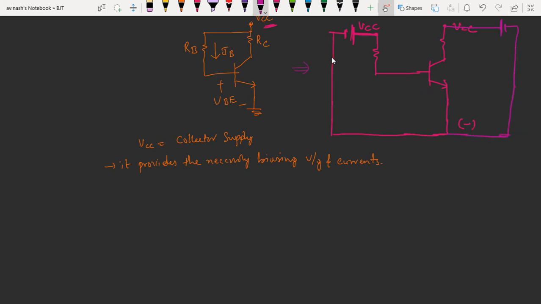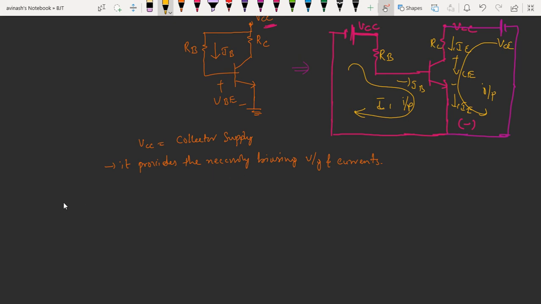Now this forms the input loop, this is the input, and this forms the output. So this is the collector current, this is the base current, this is the emitter current. I hope this point is clear to everyone. So this is nothing but VCC, this will be VCE, this will be RB, and this is RC.